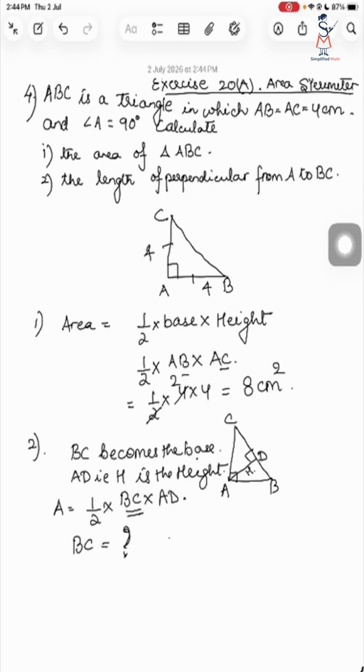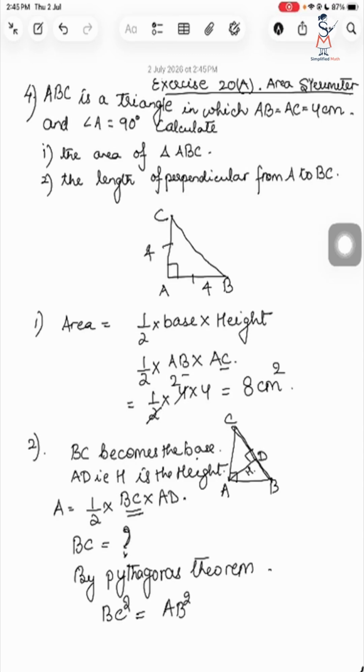We see BAC is a right angle triangle, so by Pythagoras theorem, the hypotenuse, that is BC, BC square is equal to AB square plus AC square. That means hypotenuse square is base square plus perpendicular square.